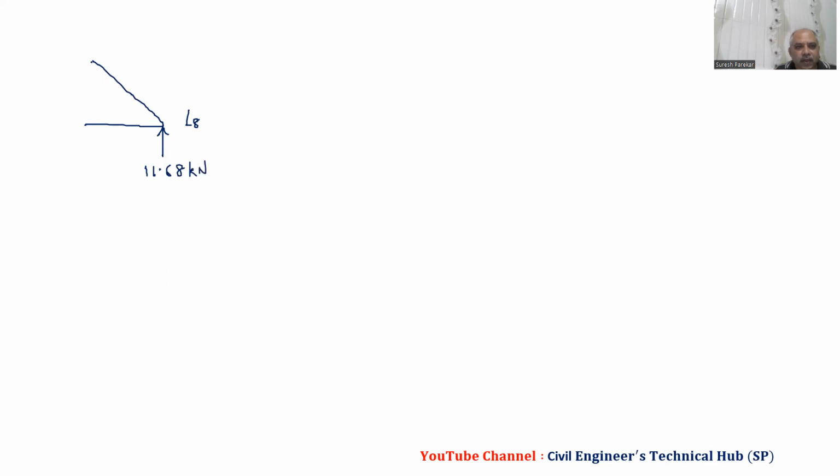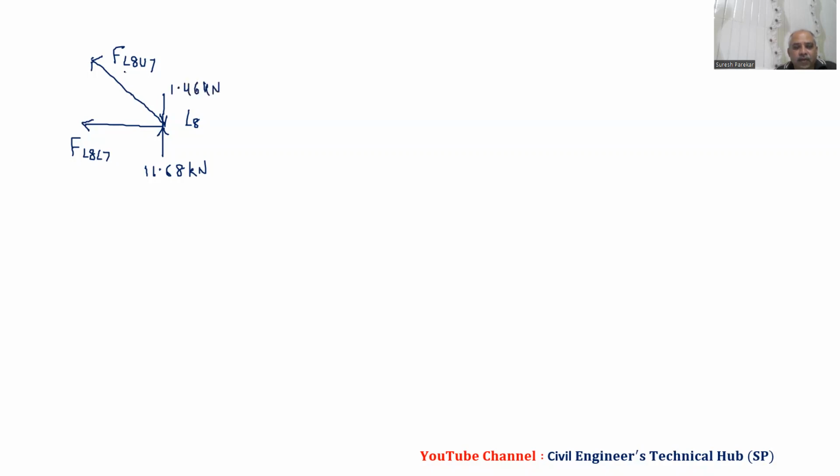Now let us assume tensile force in both, so we have FL8U7 and FL8L7, that is L7L8 and L8L7, the same. Now we have vertical load over here, and we have this value 1.46.